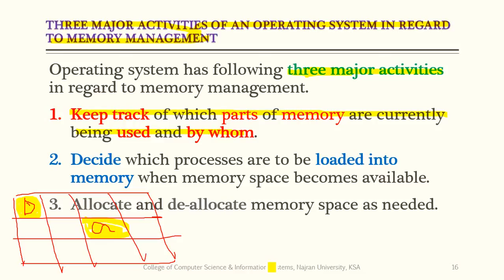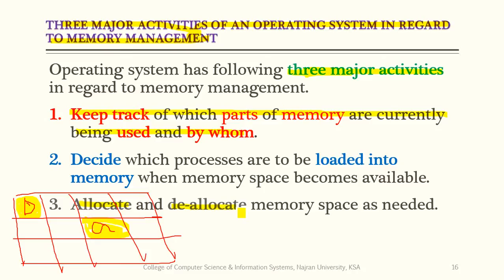We have one queue, which we will discuss in a coming slide, in which we put many processes, and whenever memory becomes free, the operating system has to decide which process to load. The third thing is to allocate and deallocate memory space as needed: give the memory and take the memory back. These are the three main things the operating system has to do in regard to memory management.